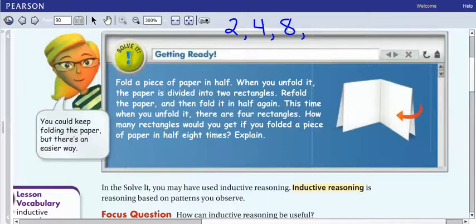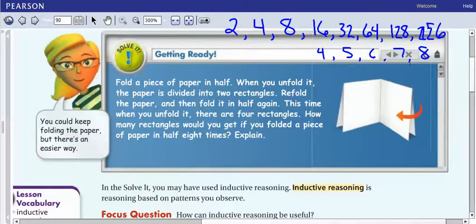Okay. So what's the number after 4 folds? How many rectangles are you going to have? So that's after 4. So you need 5, 6, 7. They're looking for 8. So right here we're going to have a, and then a, and then a, 256.